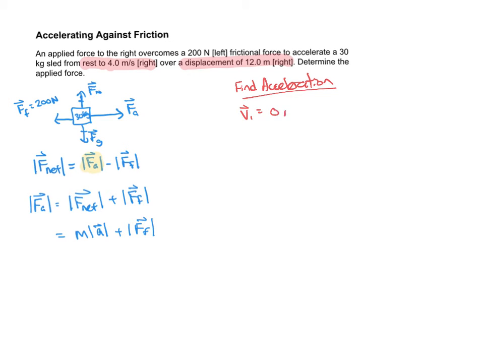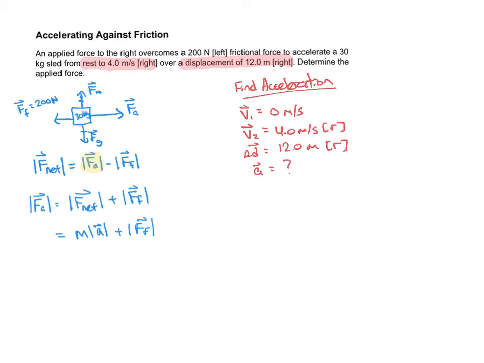I'll write v1 equals 0. It gets sped up to 4.0 meters per second to the right. And that occurs over a displacement of 12.0 meters to the right. And I'll get the acceleration.